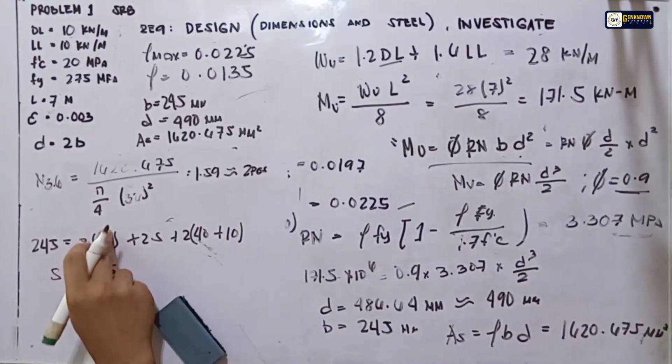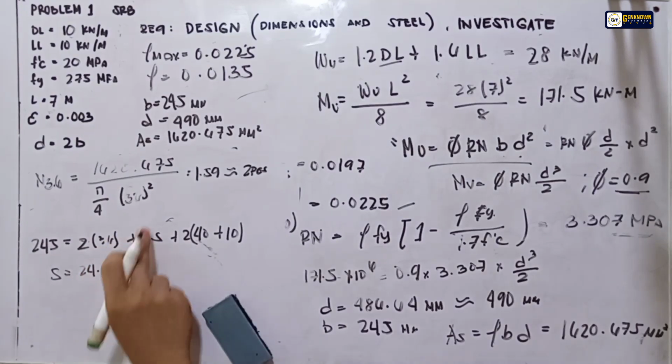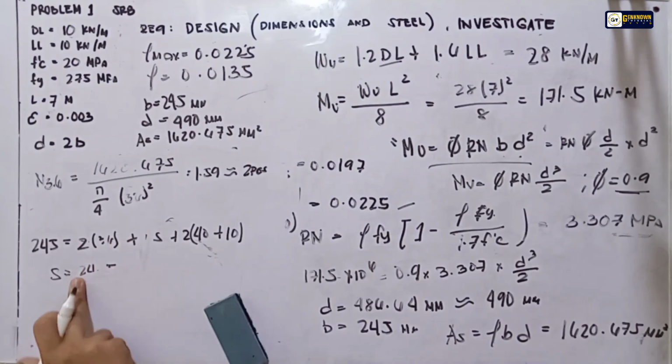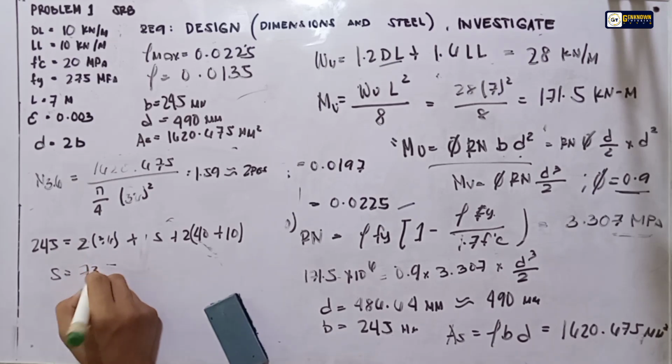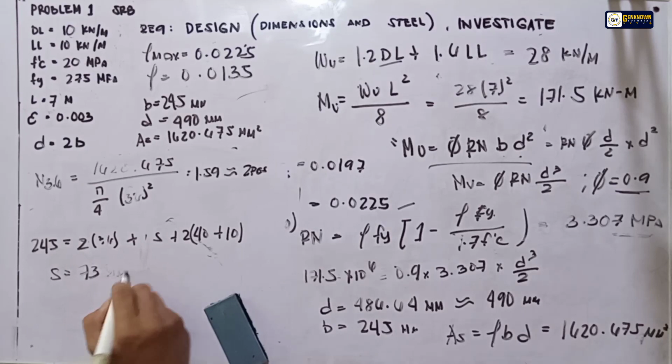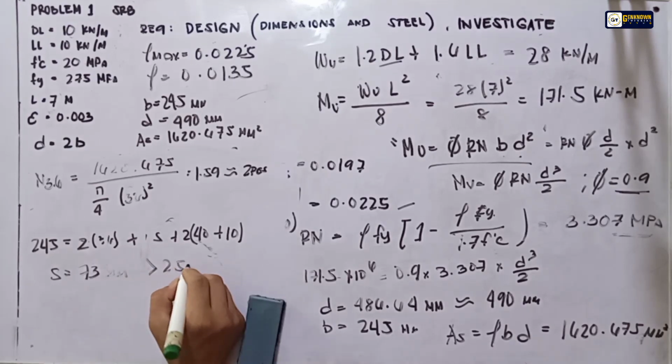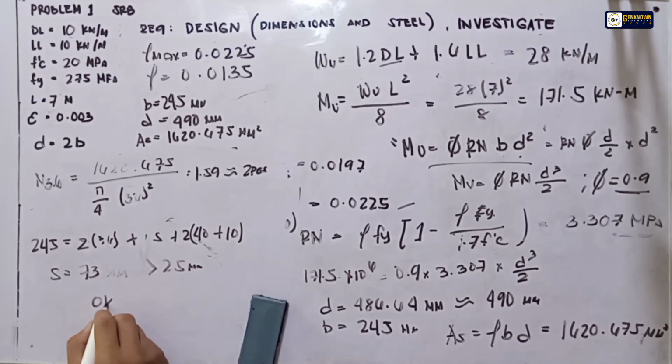So, dalawa, 36, isang spacing, dalawang ganyan. So, ang spacing natin ngayon is equal to 245 minus dalawang 36 minus 100, that is equal to 73 mm, which is greater than 25 mm. So, okay siya. Okay na gamitin ang 36 mm.